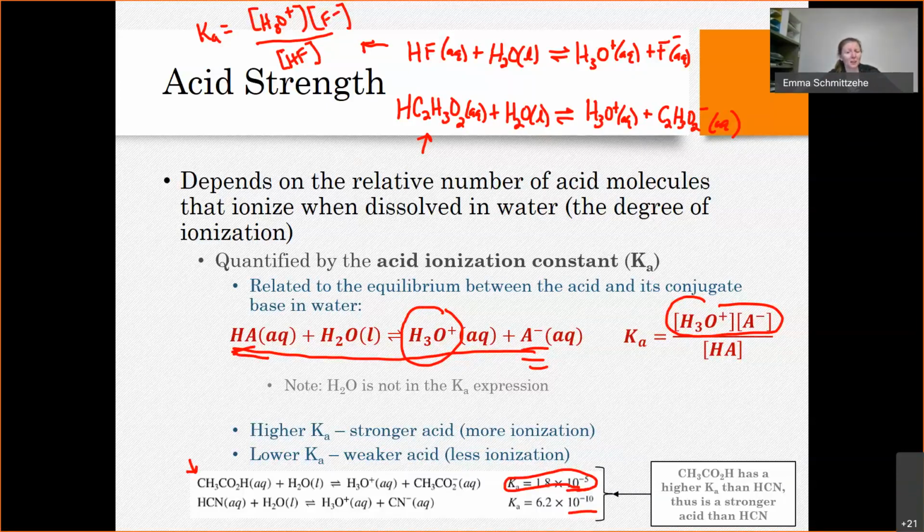Those would also have an equilibrium constant associated with them. We won't go into it any further, but what it would be labeled as, instead of a Ka, it would be labeled as a Kb, and it would be called a base ionization constant, okay?